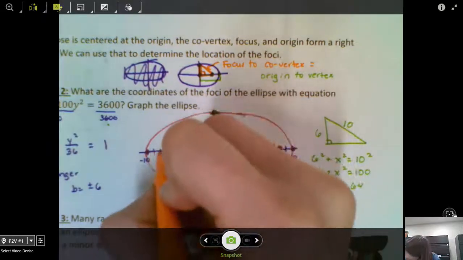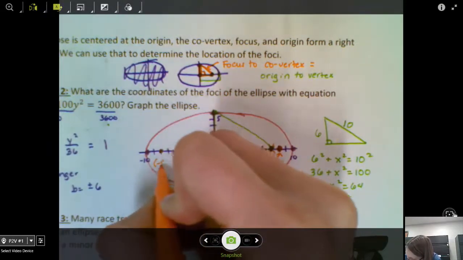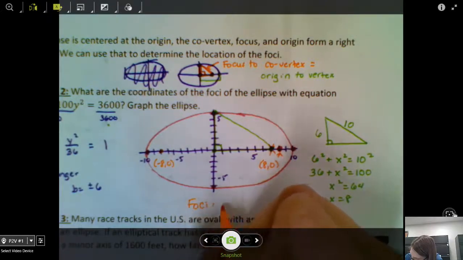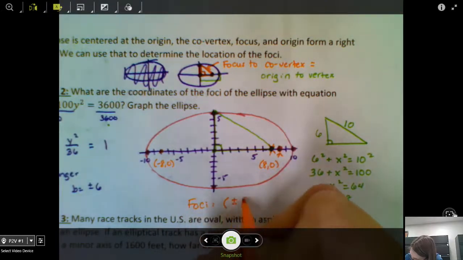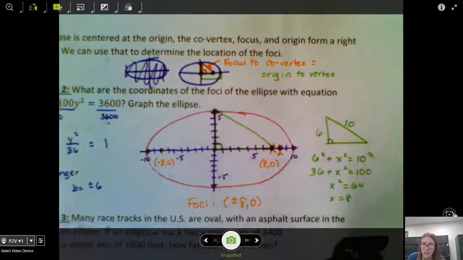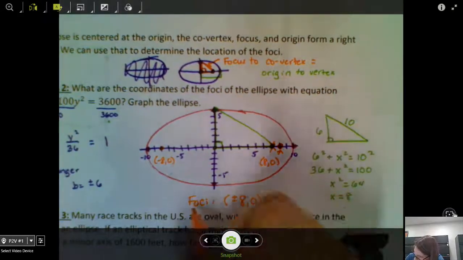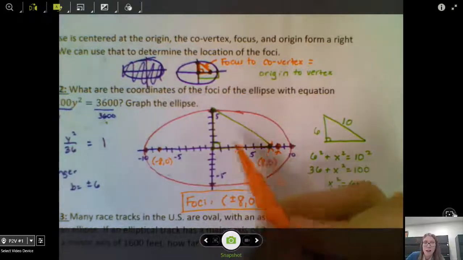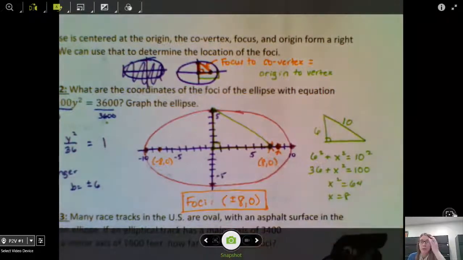And we have another focus on the other side at -8, 0. So the foci are at plus or minus 8, 0. And again, that just comes from the fact that our focus, our co-vertex, and the origin form a right triangle.